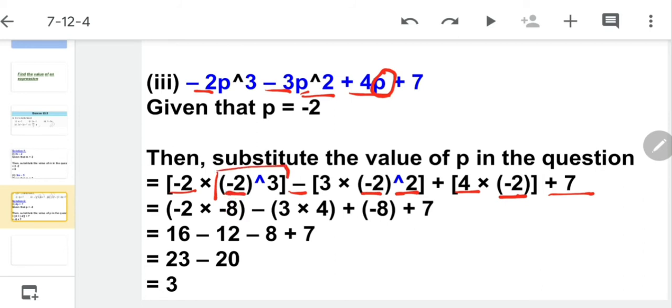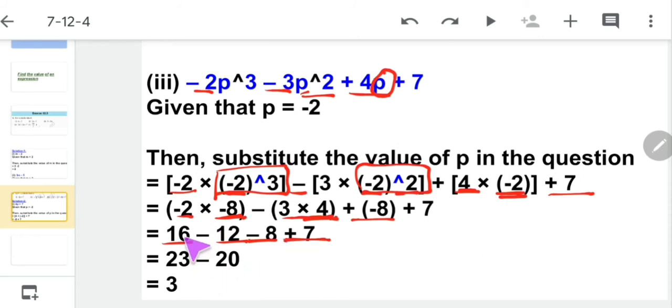Now -2 power 3 gives us -8. -2 power 2 gives us positive 4. Now when we multiply -2 with -8, we will have 16 as the answer. When we multiply 3 with 4, 12 is the answer. When we multiply 4 with -2, -8 is our answer, and then positive 7.